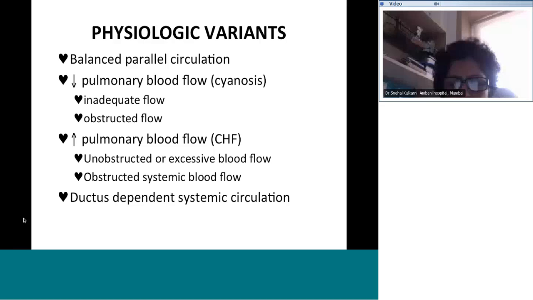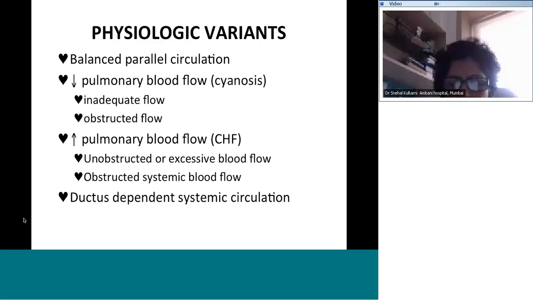Very typical example. The second one can be unbalanced AV septal defect without pulmonary stenosis. So you have unobstructed or excessive pulmonary blood flow. And the second one is an obstructed systemic blood flow. Again, the typical example is hypoplastic left heart syndrome. Your systemic blood flow is significantly obstructed.